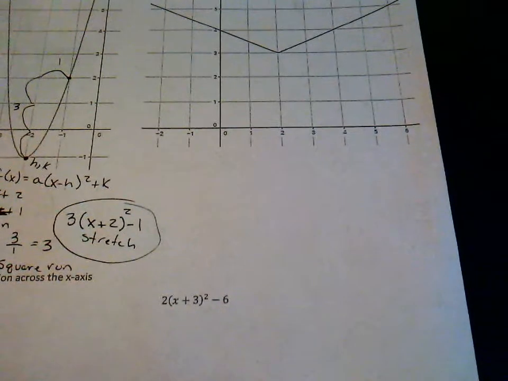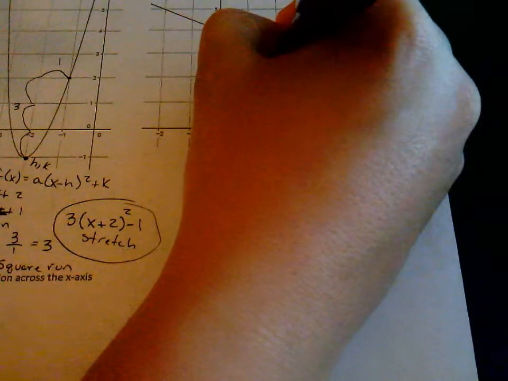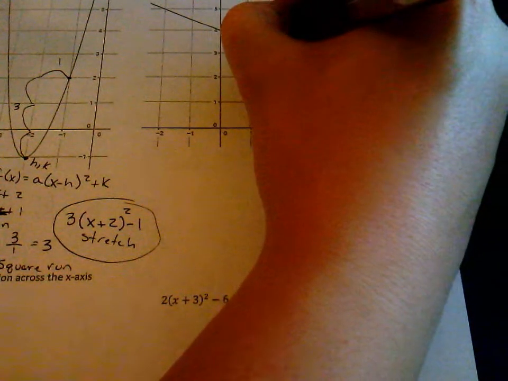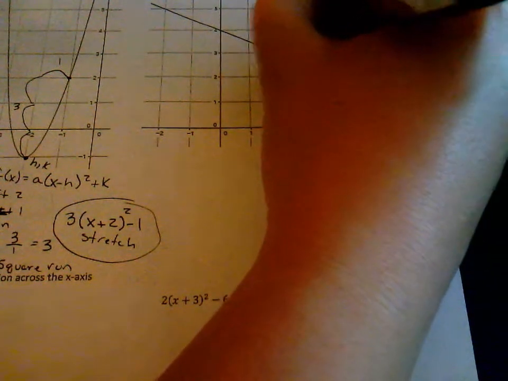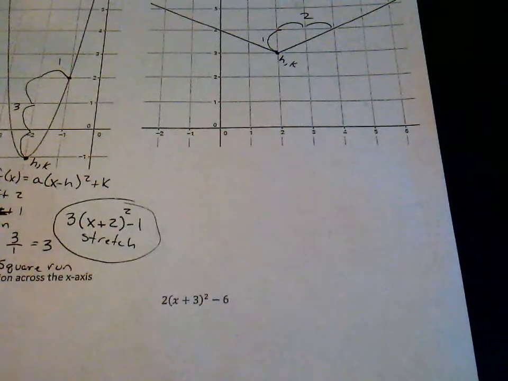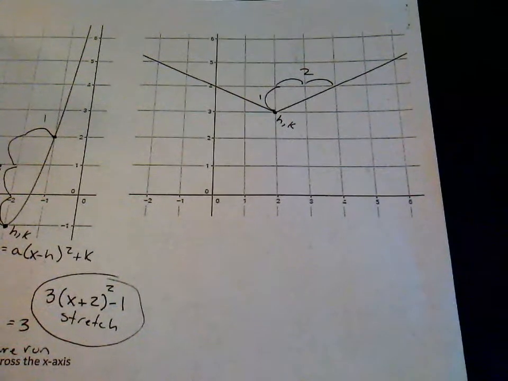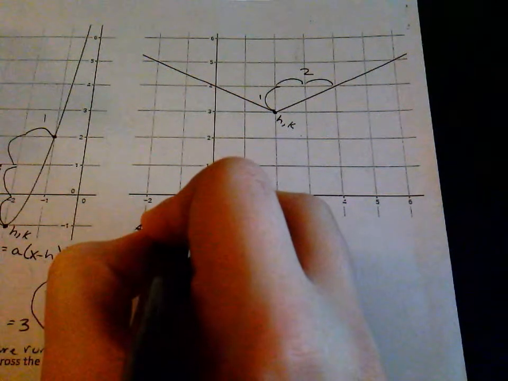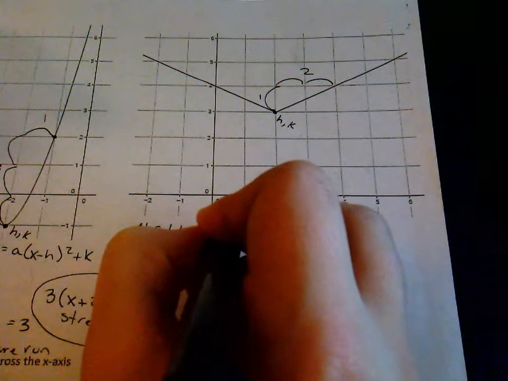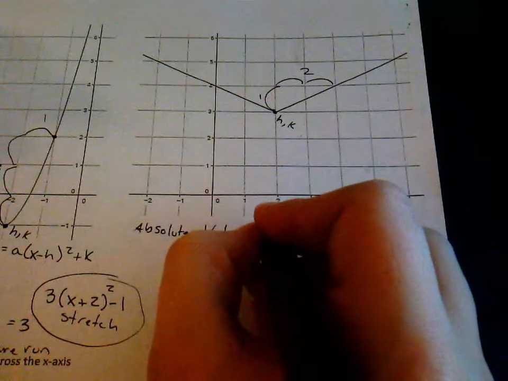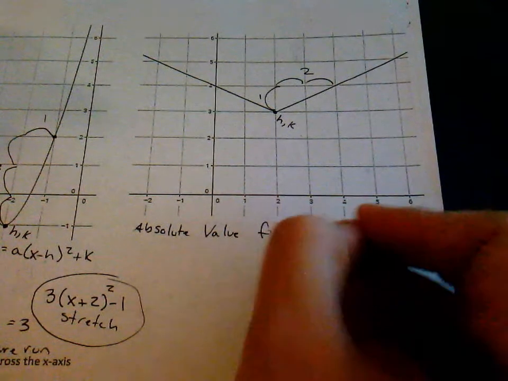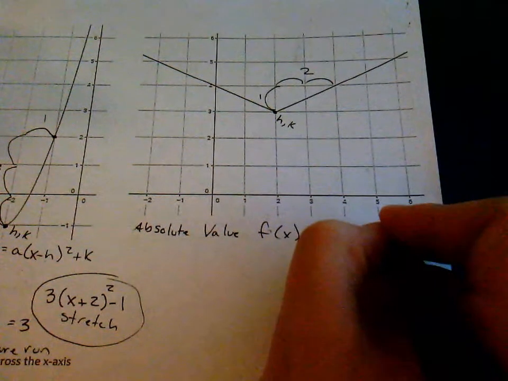The next one, the absolute value. So h comma k, up 1 to over 1, 2. Okay. So the absolute value, which is f of x equals a times absolute value of x minus h plus k.